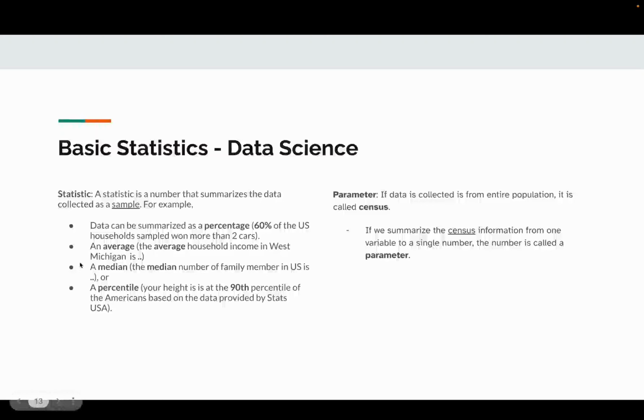For example, an average household income in West Michigan: if we're talking about an average of a sample of people, then this is a statistic, and if you're talking about the entire population, then the statistic becomes a parameter. So a parameter is for the entire population, and a statistic is when we look at a small group of people, or a small set.